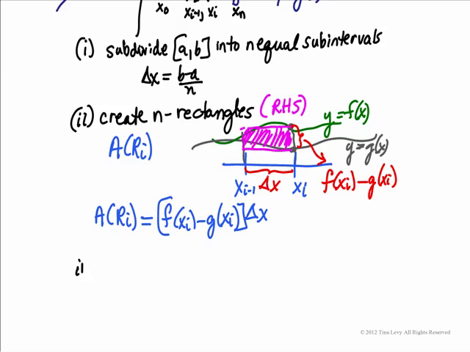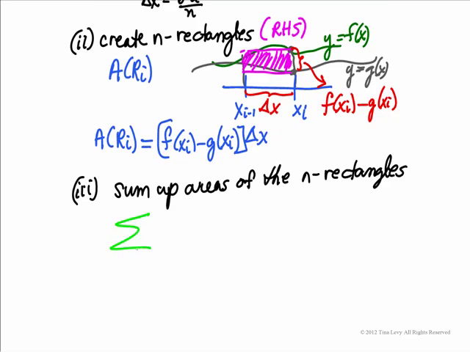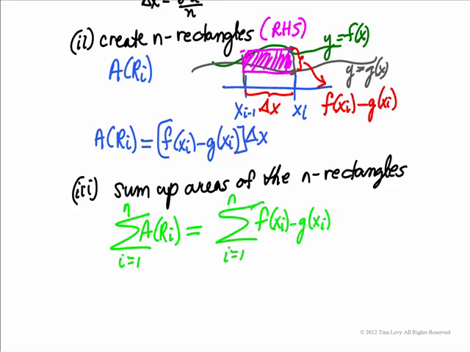Now the third step is to sum up the areas of the n rectangles. In doing that, we get the sum as i goes from 1 to n of the area of those rectangles, which is the sum as i goes from 1 to n of (f of x sub i minus g of x sub i) delta x.